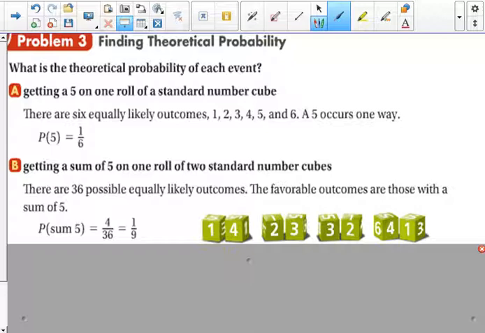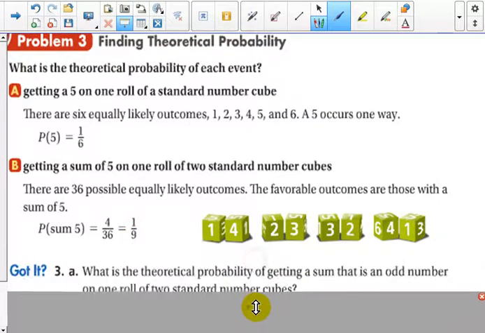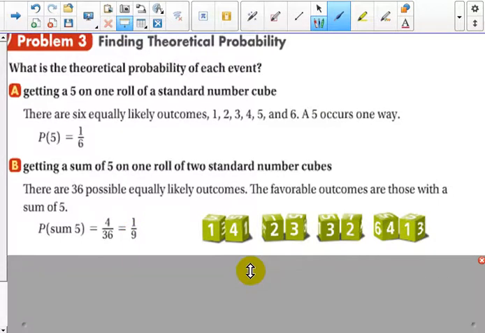Does the statistics hold up? If I've got a 1 in 9 chance of getting a sum of 5, and I roll that dice 9 times, out of that 9 times, I should at least have a sum of 5 once. Okay? Any questions on that?